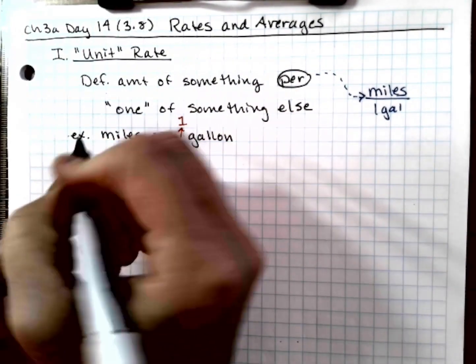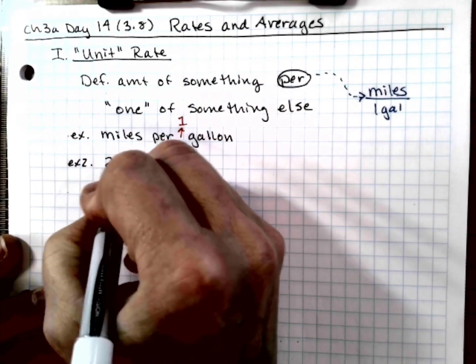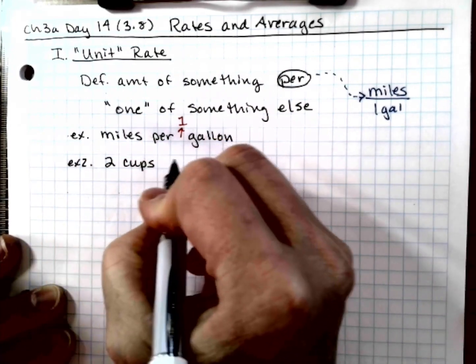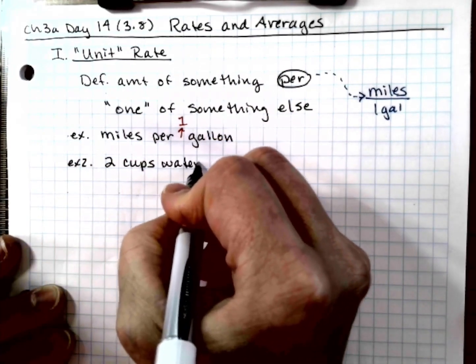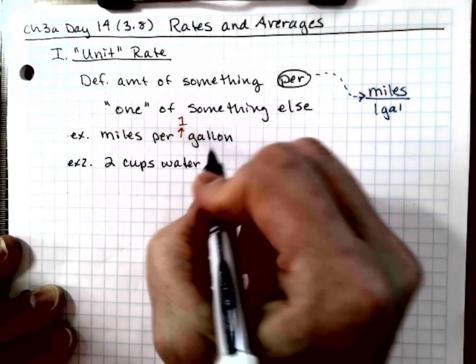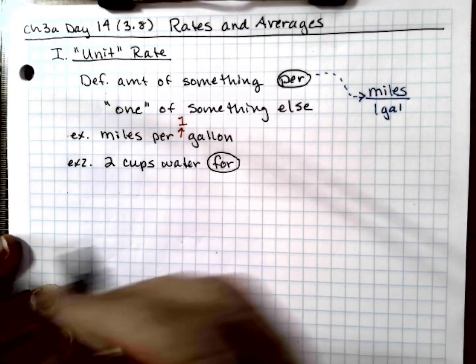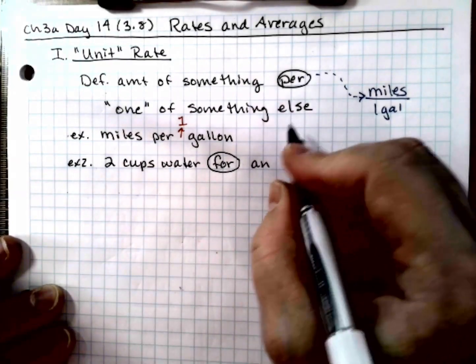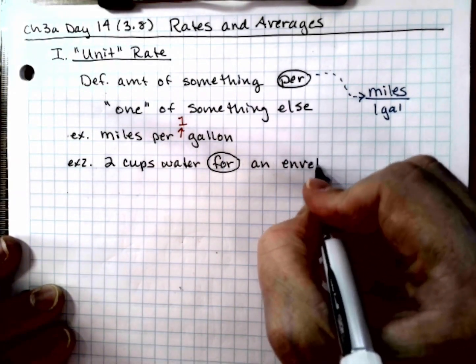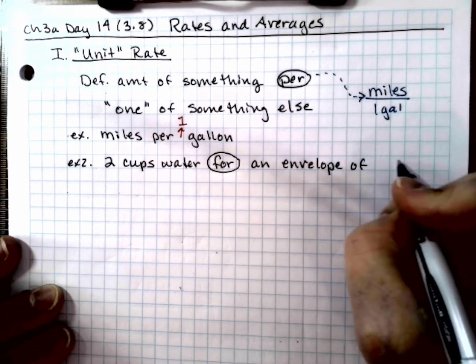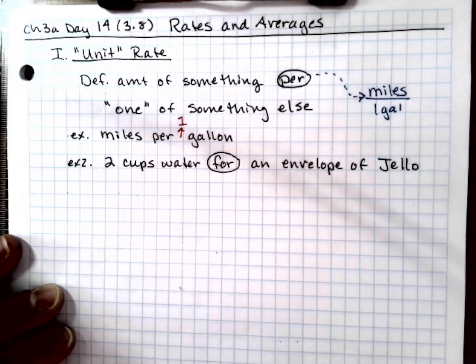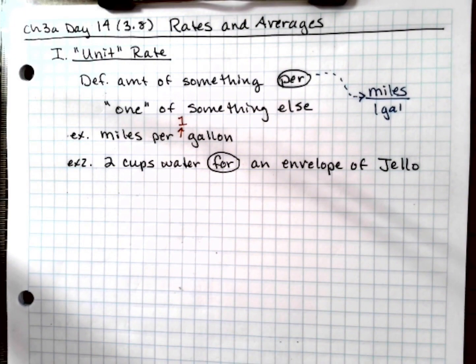Okay, another example would be 2 cups of water. And here's another word instead of per. You can say for. 2 cups of water for an envelope of Jell-O. And again, for is the break in between the top and the bottom of the fraction.